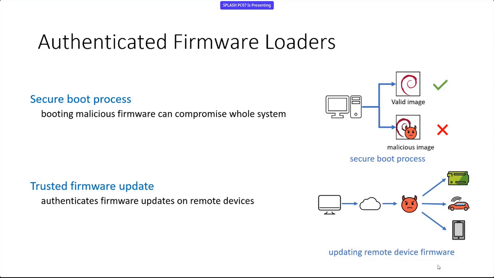Whenever you get a software update, it has to be validated whether it is actually from the original equipment manufacturer. If it is a malicious image and your device ends up loading it, it may compromise the whole security of the system. So this is an important link in the chain of security in different systems.